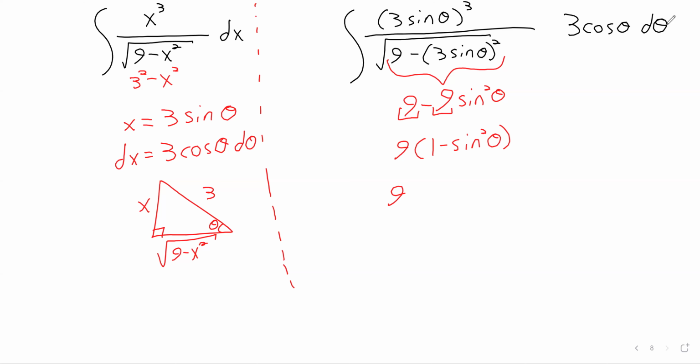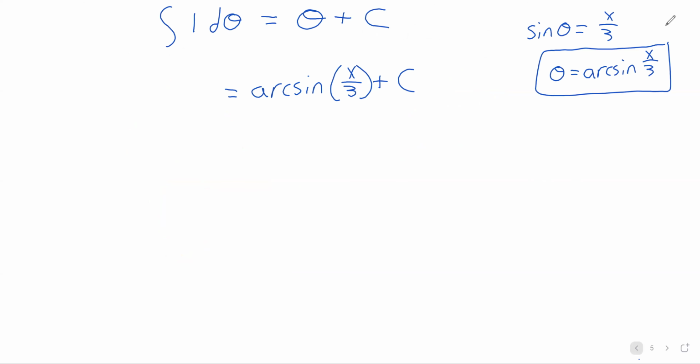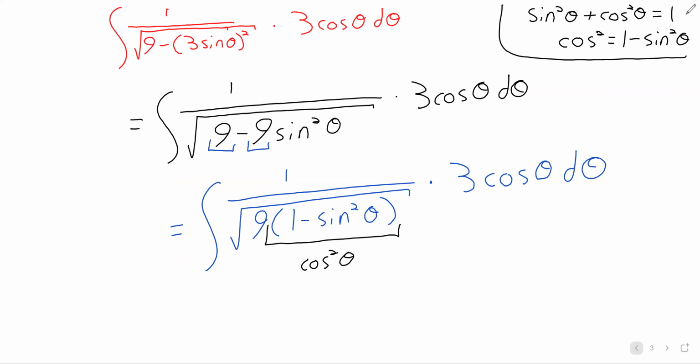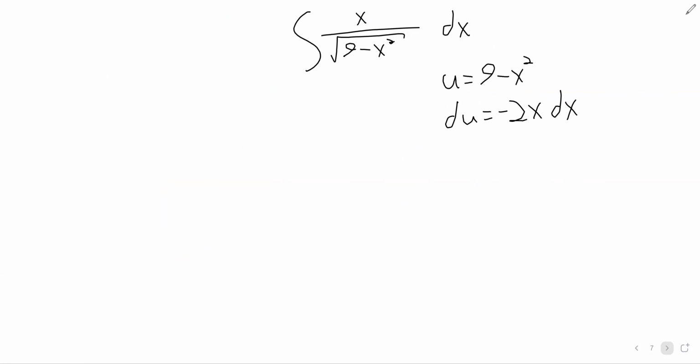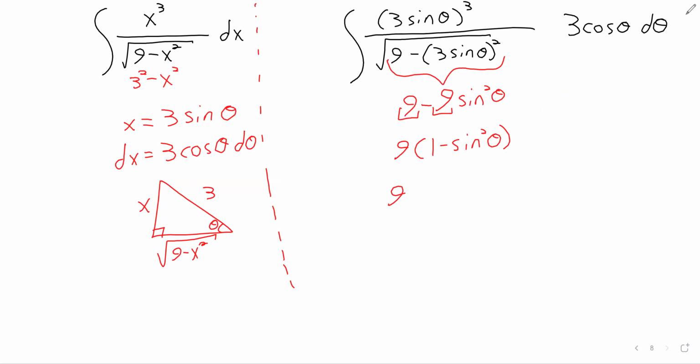And we always use the Pythagorean identity to turn that 1 minus sine squared into a cosine squared.